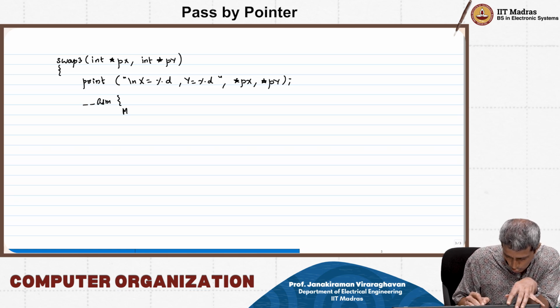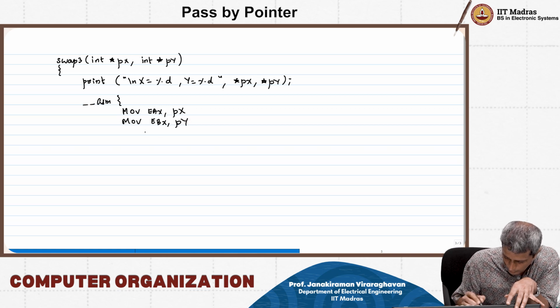And I do two important things here: move EAX comma PX, move EBX comma PY, and then I do push dword ptr of EAX.